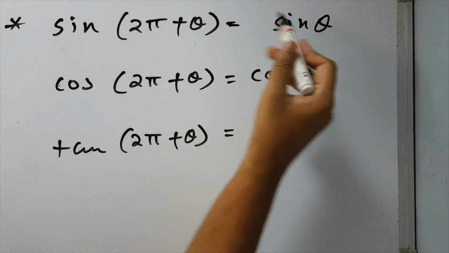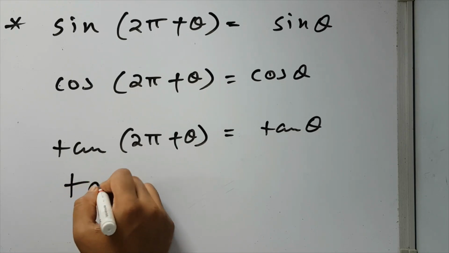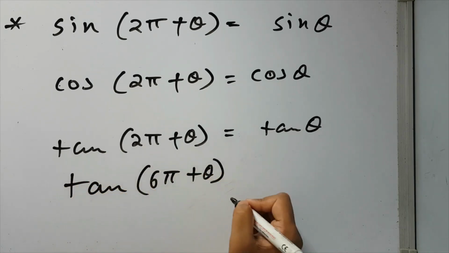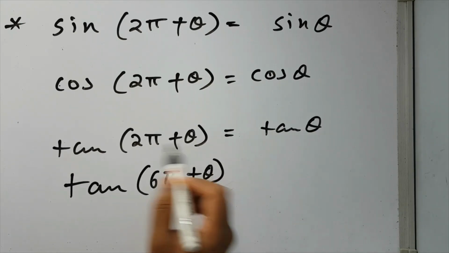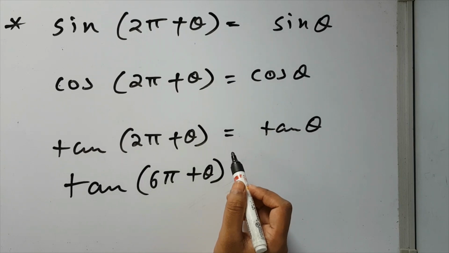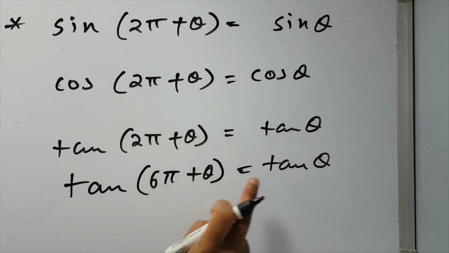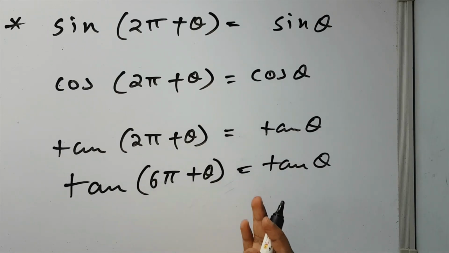You can see that if I ask what would be tan of 6 pi plus theta. What is 6 pi? 6 pi is rotating 3 times and then coming back to the first quadrant, so that would be equal to tan theta. After every 2 pi angle, this function is going to repeat its value.